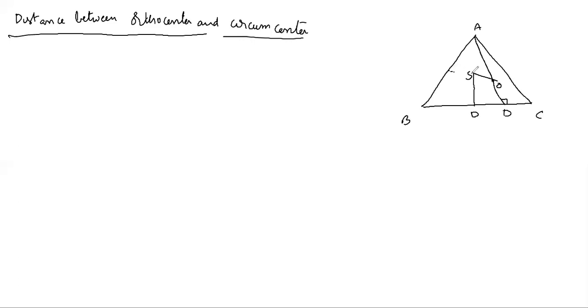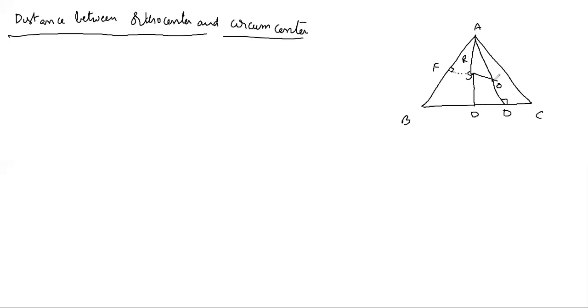So from this we consider the perpendicular, and this is A. To find the distance between circumcenter S and orthocenter O, we have to consider SA. SA we know already, that is R, the circumcenter to vertex distance.